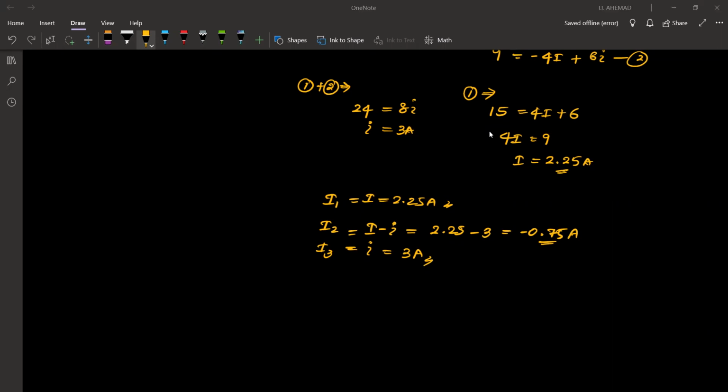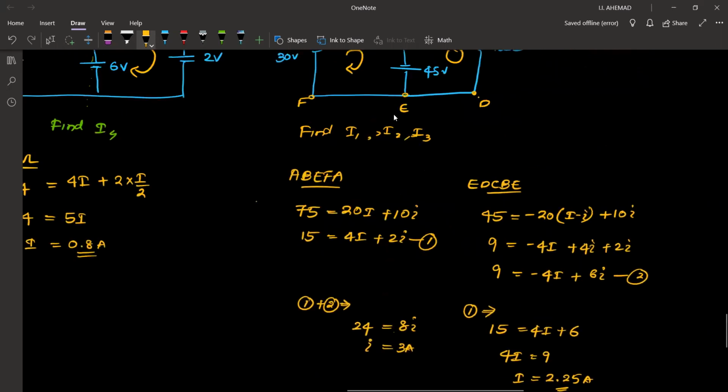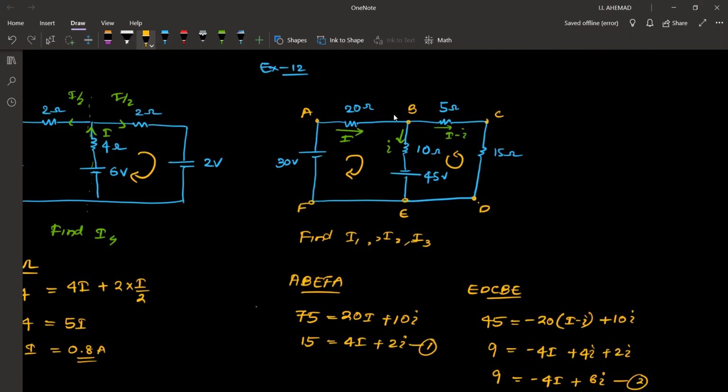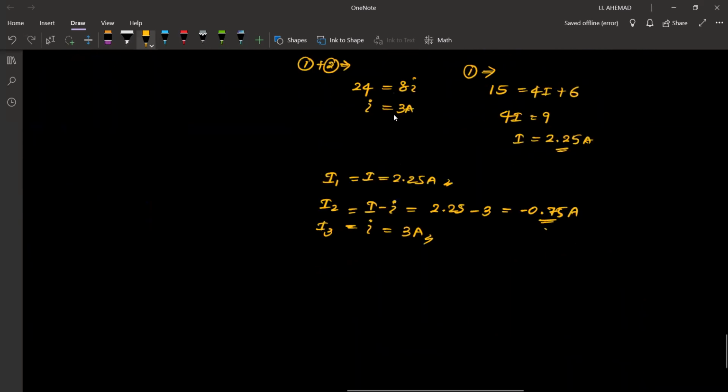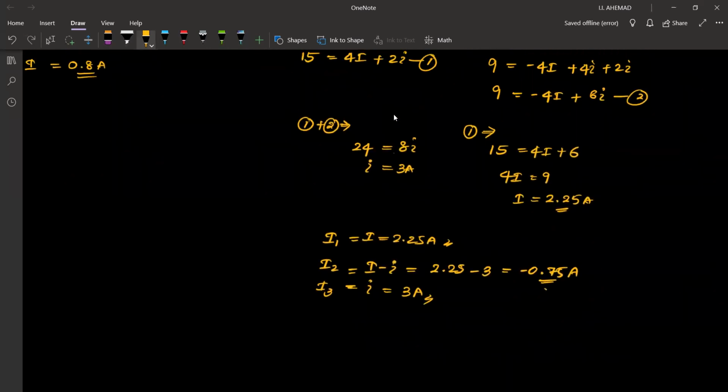It shows it is in the opposite direction, okay? This is current. I have marked the current towards my right, like this. But if I get negative, it means the current is going from C to B, not B to C, okay? Is it clear? And Shahama?